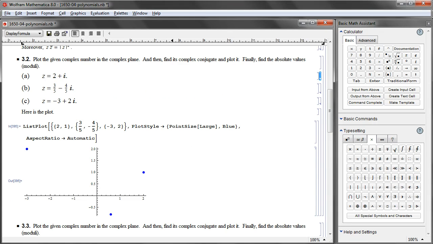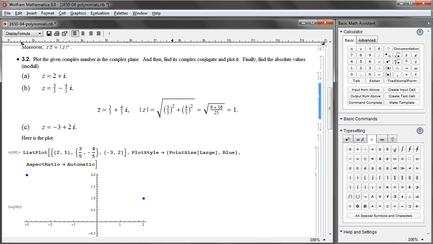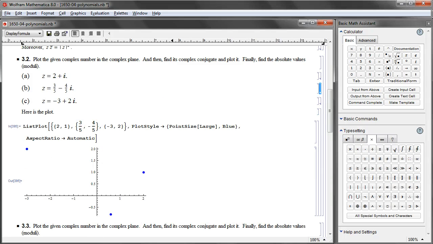How about the next example? What is the modulus of this one? Square root of 3/5 squared plus 4/5 squared. And here it is. We're going to have 1. I designed it that way. How about the third example, which is the top left-hand side dot in this plot.